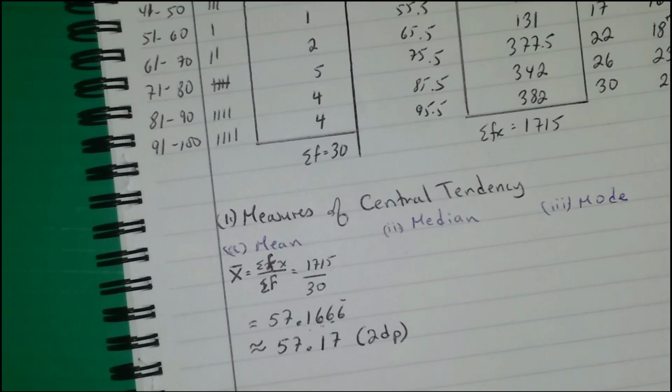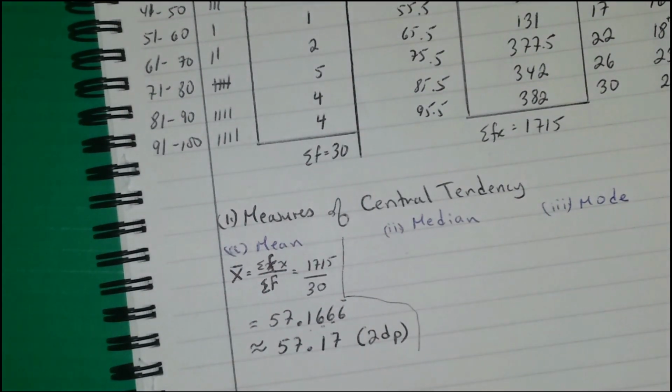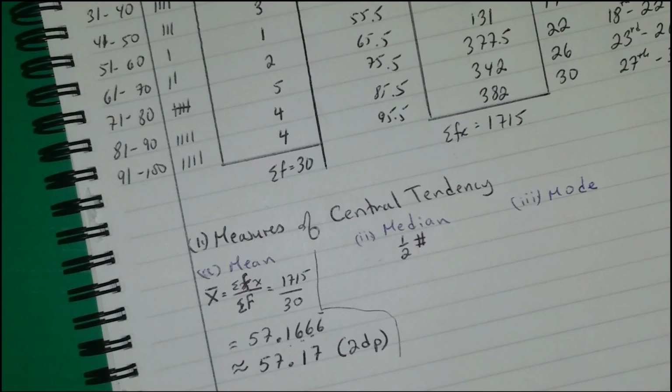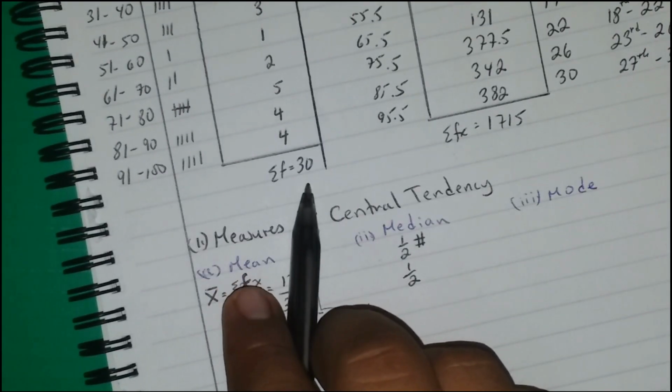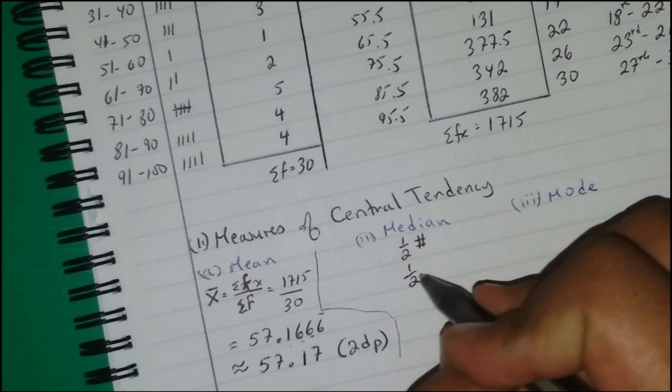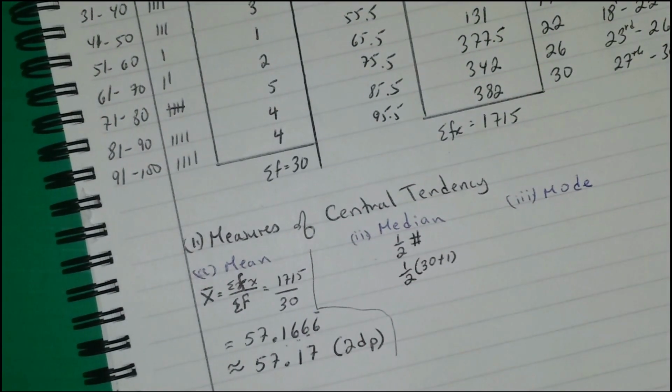The median, we're going to be using our formula, which is the half number. Now our half number, it means that we will need to say half of how many numbers? There are 30 numbers, so it's half of 30 plus 1. That plus 1 there, you will put it to all of those where you have like the quartile 1, quartile 2, and quartile 3 and the median.